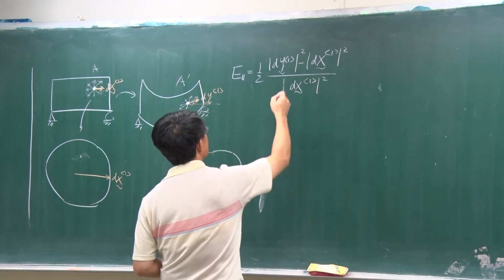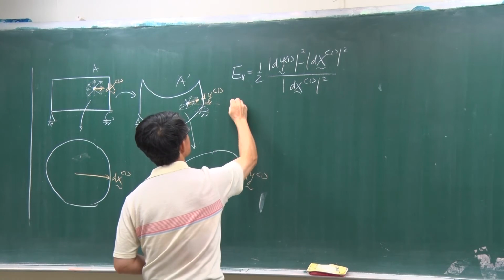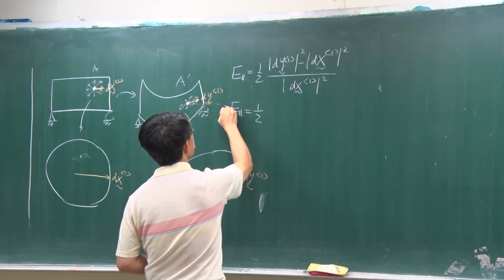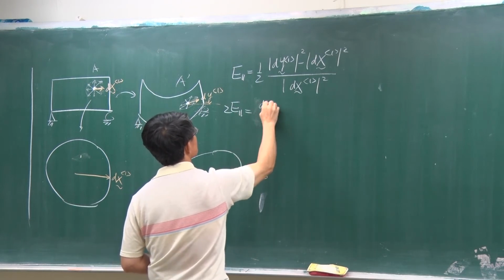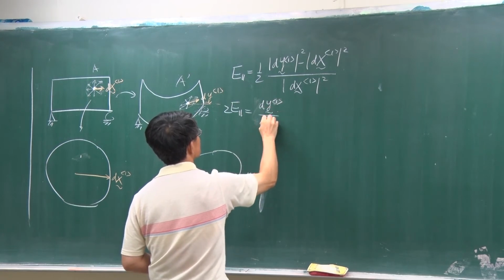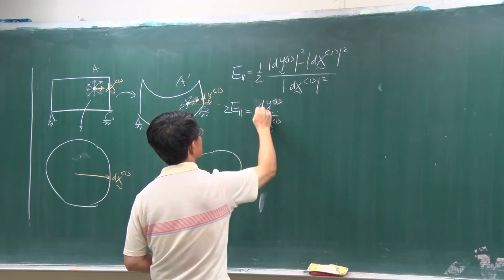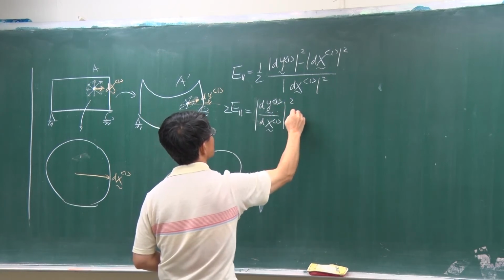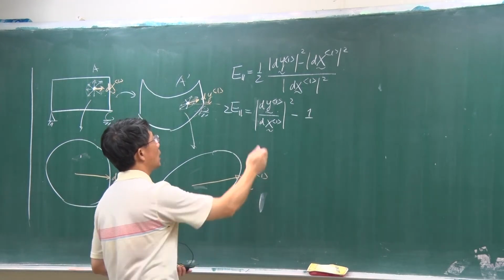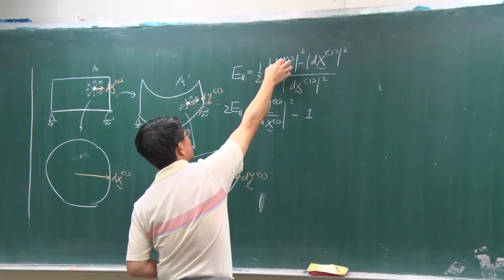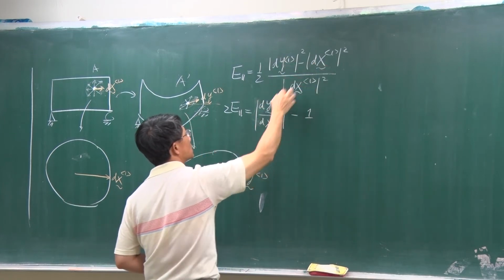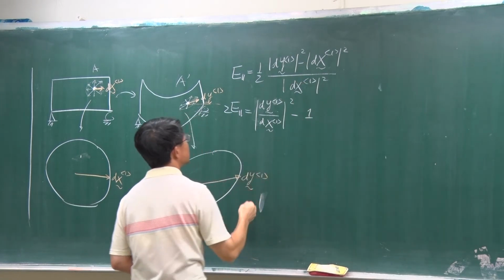This divided by this, and this divided by this, equal to this. This divided by this equal to 1.